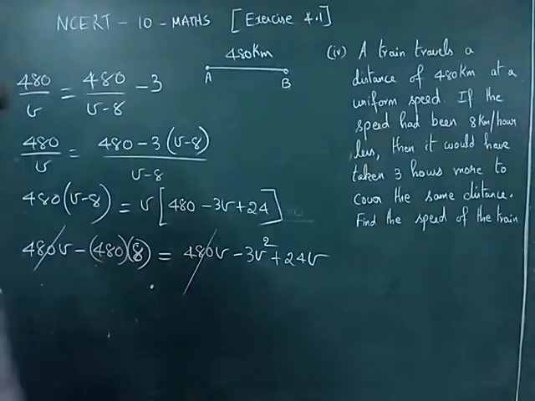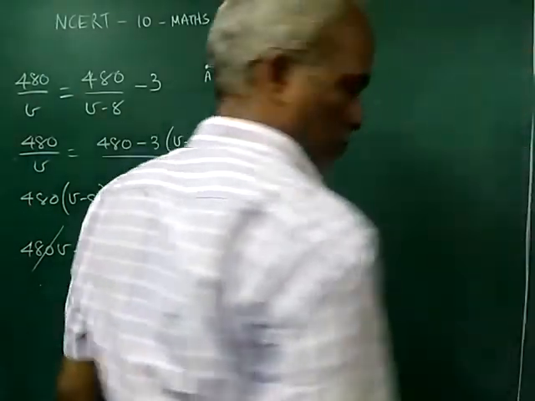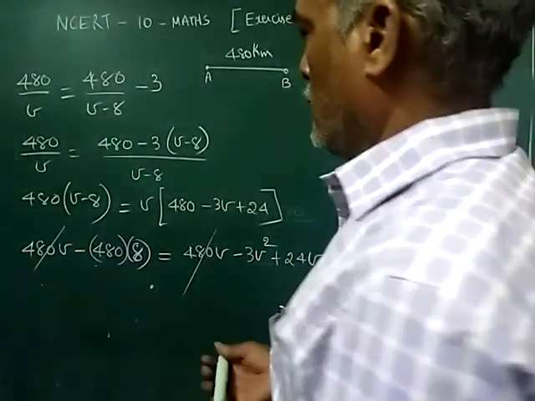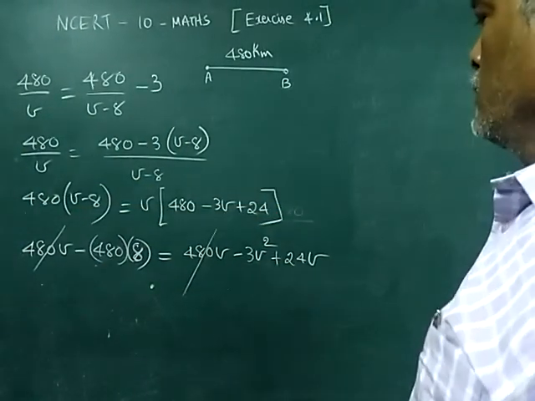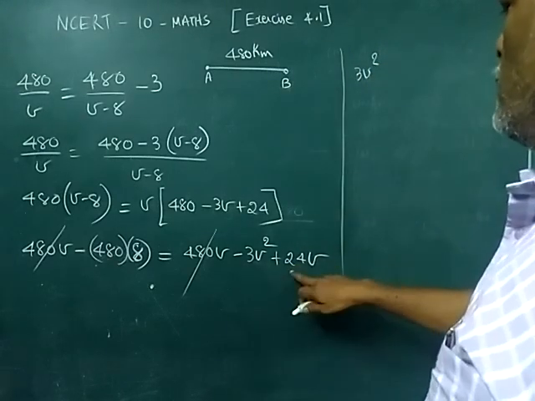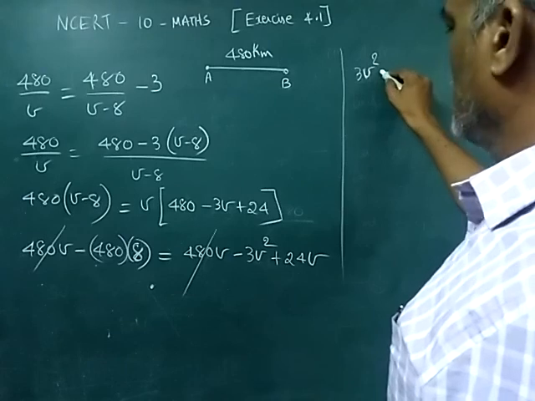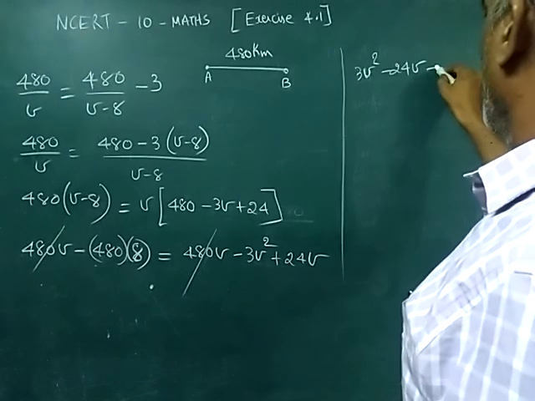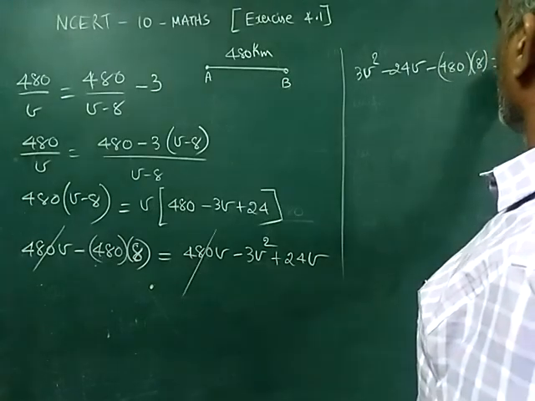Now we will bring all these terms to the other side. So what will happen? 3V squared plus 24V minus 24V, here we have minus 480 into 8, is equal to 0.